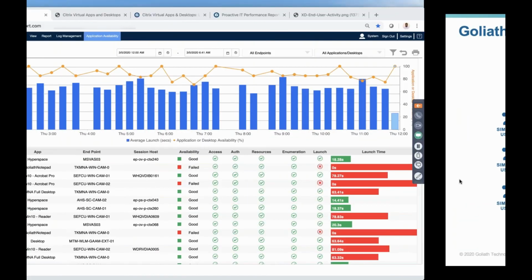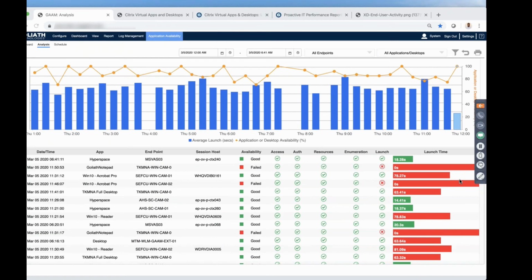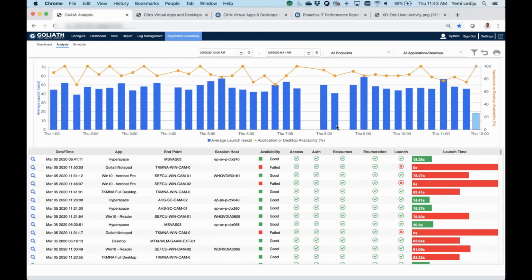It's going to take a couple of seconds just to show you what that looks like here in the technology. This is the application availability analysis tab. At the top is a real-time dashboard of all the launches taking place across the entire environment. This will be for the Citrix launches, the VMware launches, as well as RDS launches if you have that in your environment.